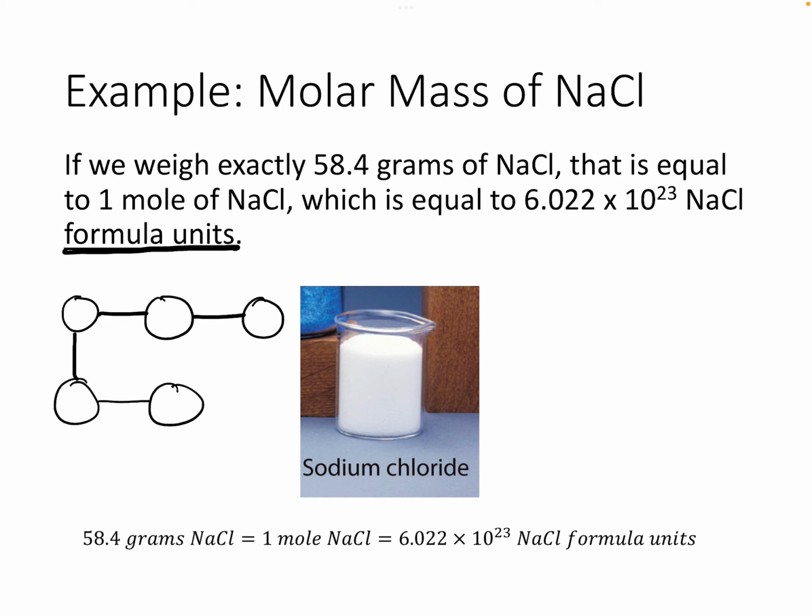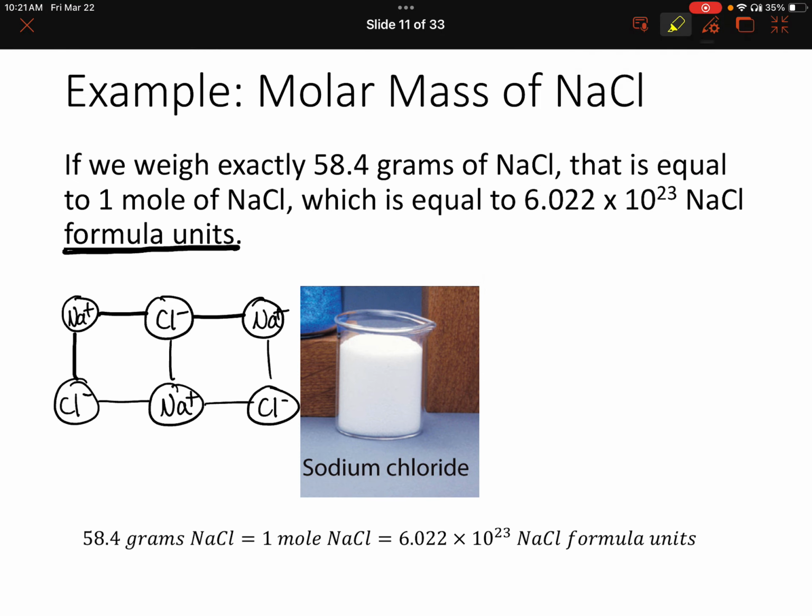So instead of just one sodium ion and one chloride ion, we actually have alternating ions in a crystal lattice. And the formula, NaCl, is just describing the lowest ratio between the two. So a formula unit in this case would be Na and Cl.